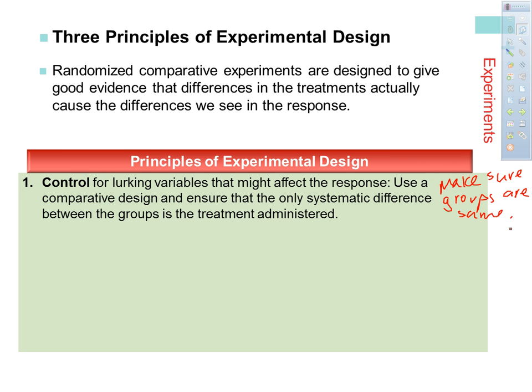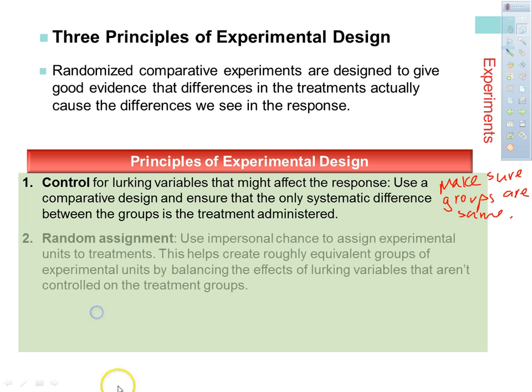We don't want any systematic differences between the 2 groups or the 3 groups or the 4 groups or however many we need. So we want to make sure that they're a good mix and that the 2 groups are the same, so the treatments are assigned to the same types of groups, okay? And again, that'll help us take care of any lurking variables that we haven't thought about.